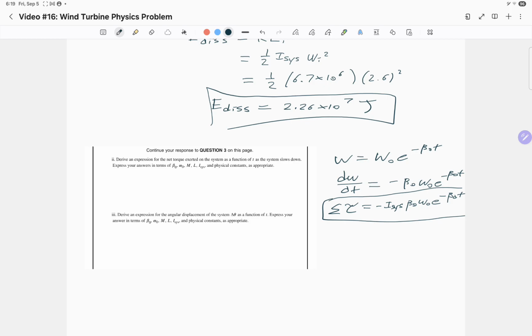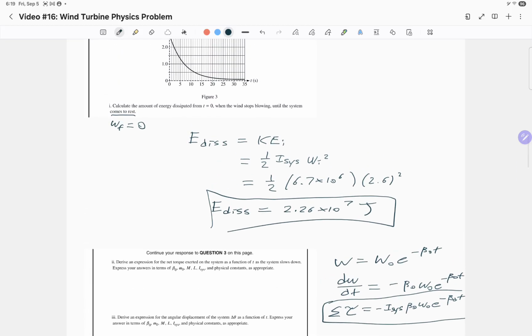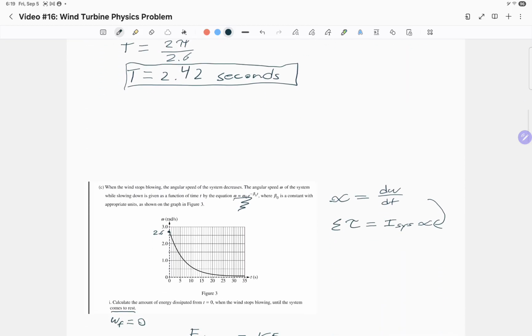There's another route you could have taken as well. You could have realized that if you multiply that function by the inertia, you get a function for angular momentum, L equals I_system omega.